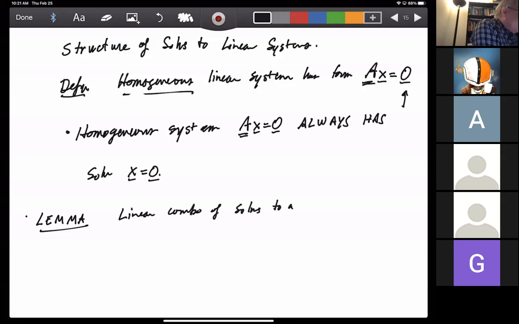So the linear combination of solutions to a homogeneous linear system is also a solution.